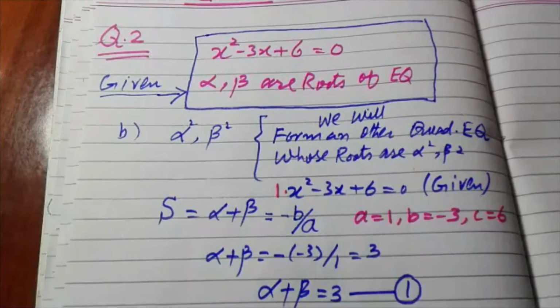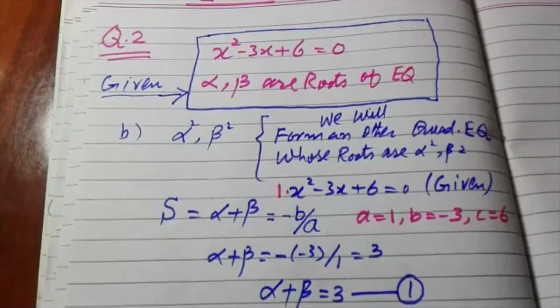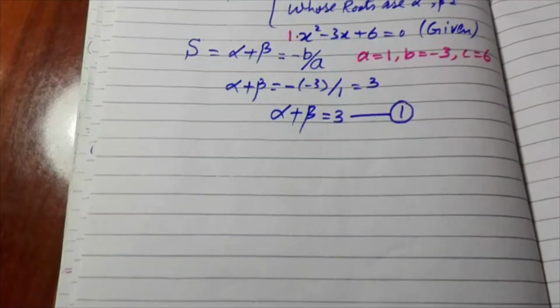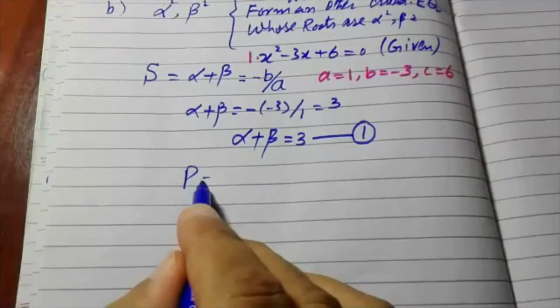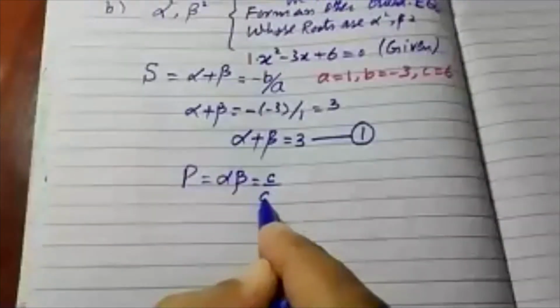In a similar way, we will find the product of roots. The product of roots, alpha beta, is calculated by the formula c over a.